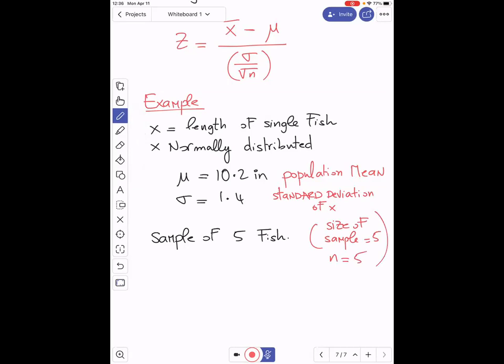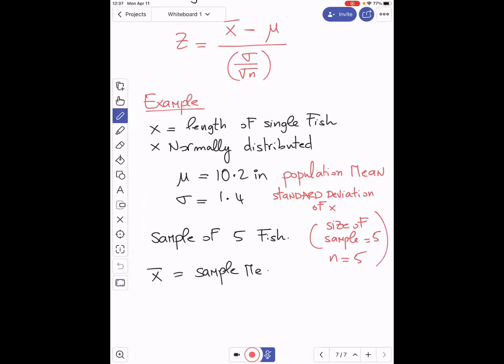And here is x bar. X bar is the sample mean.